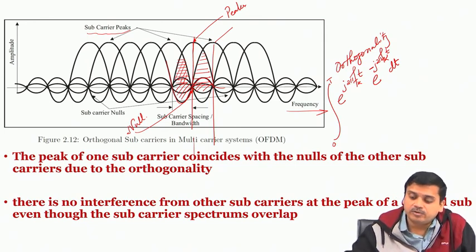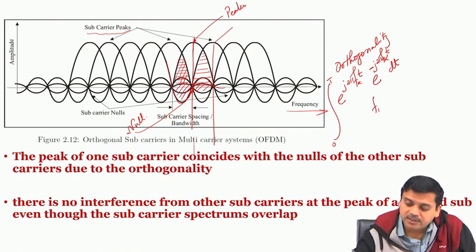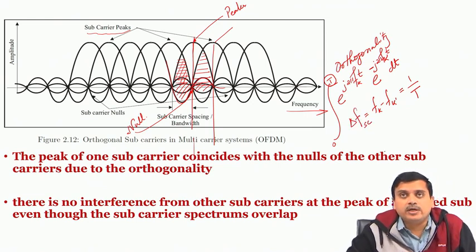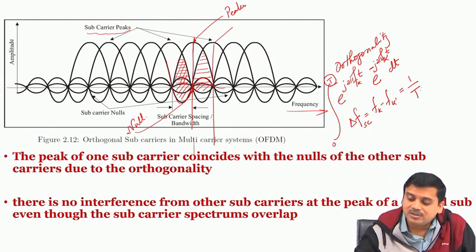The condition gave us that f k minus f k prime should be equal to 1 upon T, the same symbol duration T, which is basically the subcarrier spacing. Then one can get orthogonality.